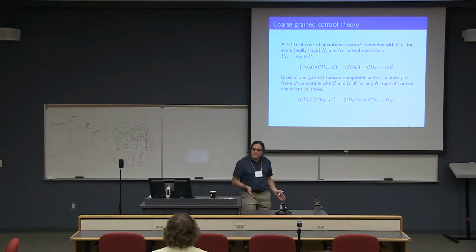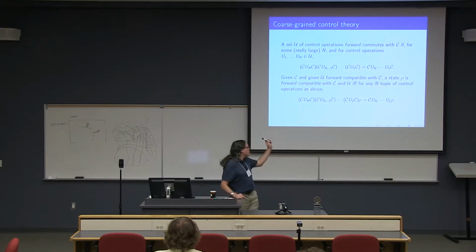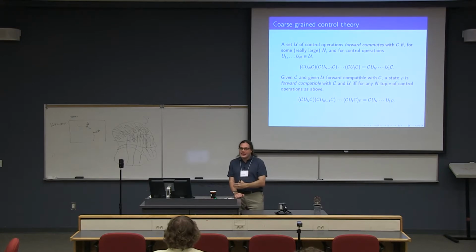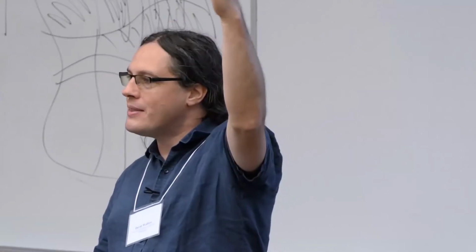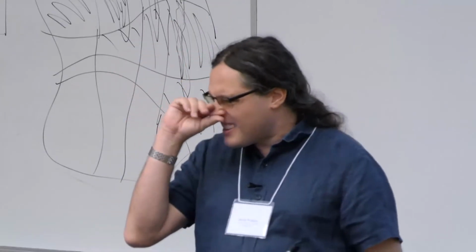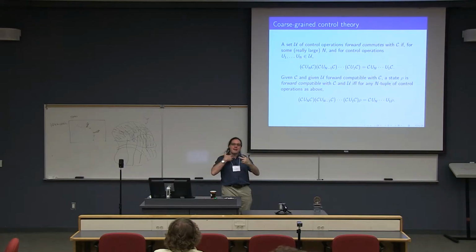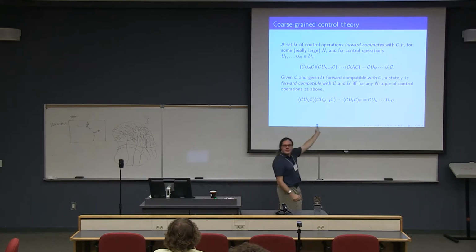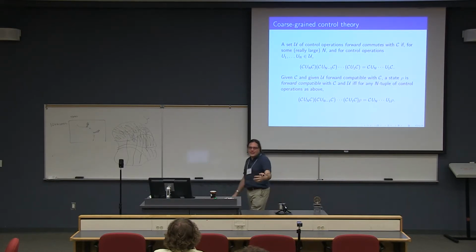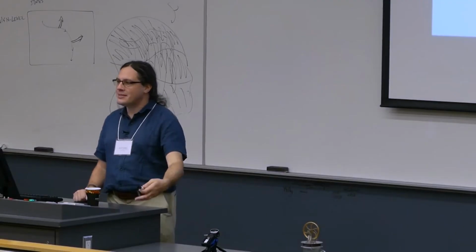If I start the system in a state that's not actually coarse-grained, but which is forward compatible in this way, again I get out the coarse-grained thermodynamics I'm discussing. But it's possible to have states that have some very particular structure such that they're not forward compatible in this way, and in that case all bets are off as to how these things play out.